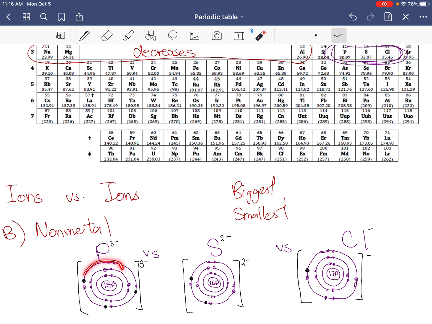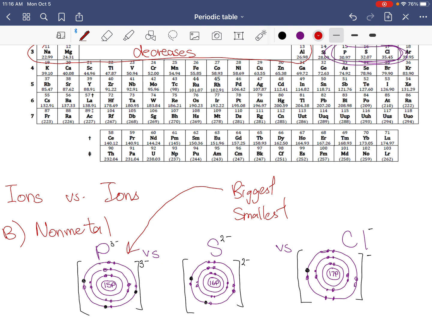If there's more electron repulsion happening here, obviously this ion is going to be big. Less nuclear charge, same amount of electrons, therefore more electron repulsion. So it's not surprising that the biggest winner goes to phosphorus.